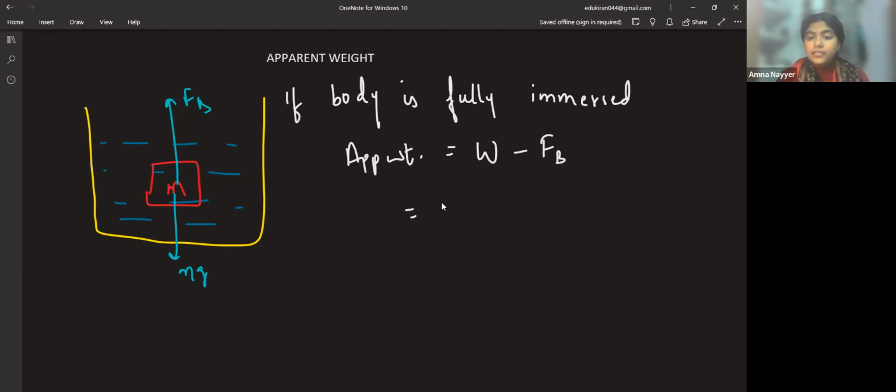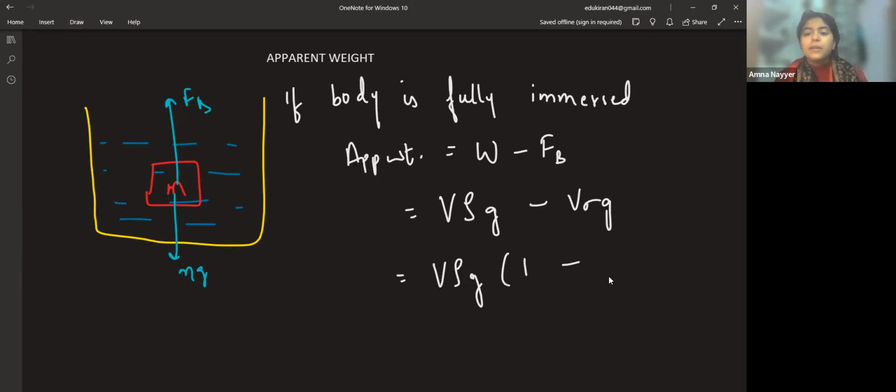So what is the buoyant force? What is the weight? Weight is V rho g, because weight involves the body, and the buoyant force, which I just told you, is V sigma g. From here, if we take V rho g common, we'll be left with 1 minus sigma by rho. V rho g was the weight in air.